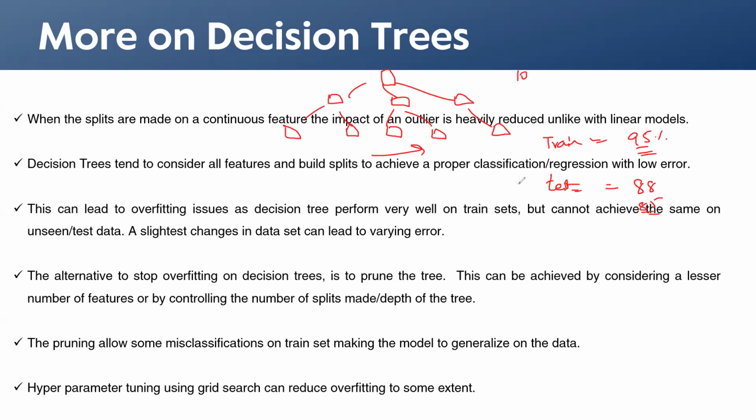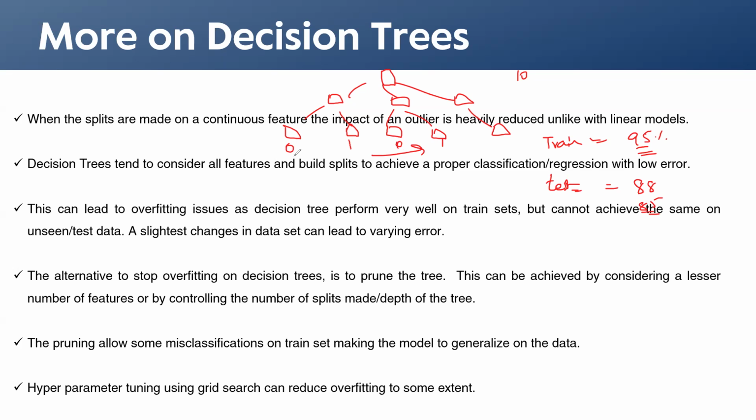So you do not want the tree to completely learn all the patterns present in the dataset. What I mean is, decision trees continue to grow until they classify all the data to class 0 or class 1, correct?